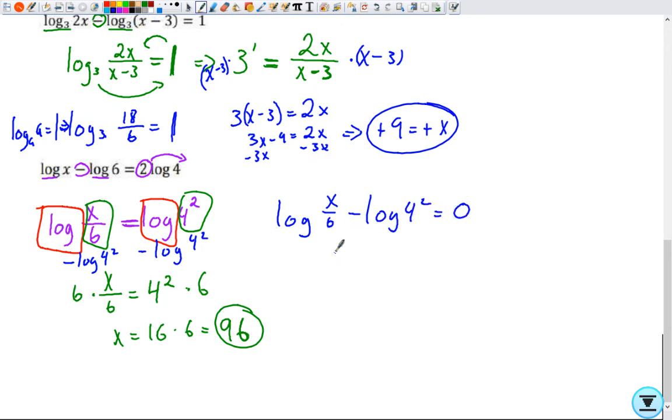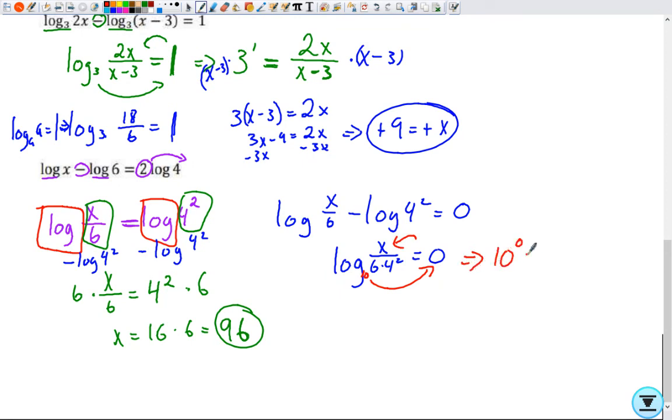And then condensed this and gotten the log of x over 6 times 4 squared equals 0. Okay? But at that point, you would have been back to where you were on the last one, where you have a log on one side and a number on the other. And since this logarithm is base 10, changing it to its exponential form, 10 to the 0 power equals that.